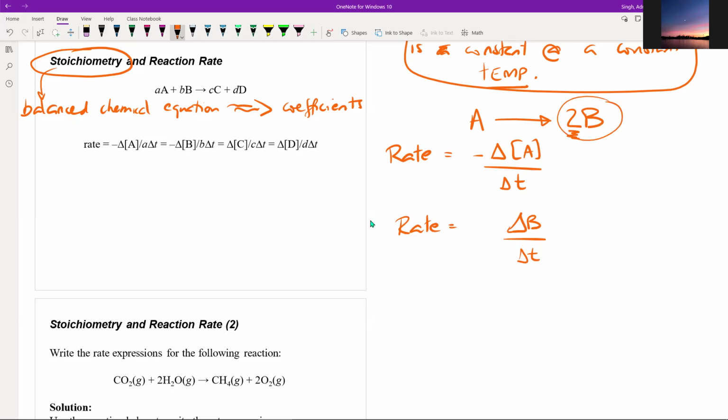So A here, remember, when you don't see a coefficient, 1 is understood to be there. So in order to ensure that the rate of the reaction is the same, regardless of which species we measure to monitor the reaction progress, we actually have to take into account that coefficient.